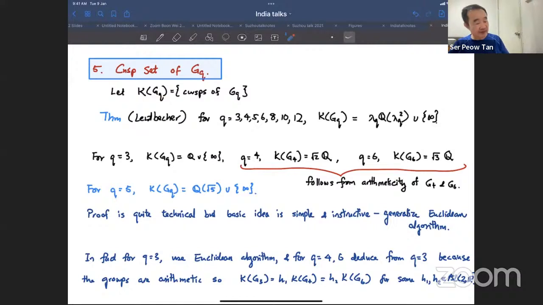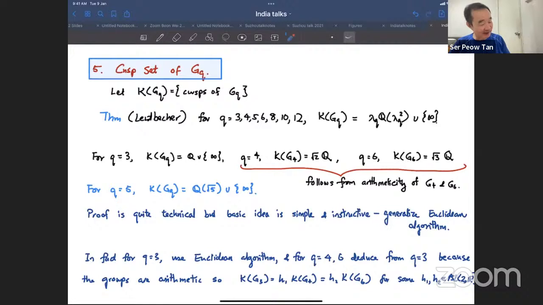A very classical theorem of Leutbecher says that when Q is 3, 4, 5, 6, 8, 10, 12, K(GQ) is equal to Q adjoin lambda squared, times lambda, union infinity.